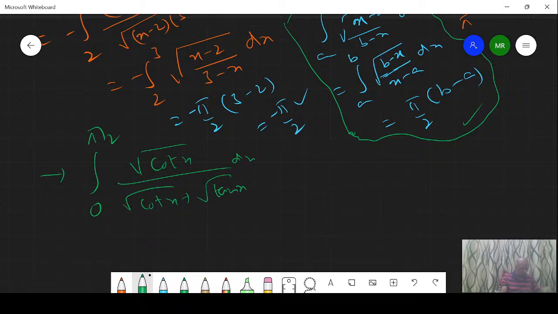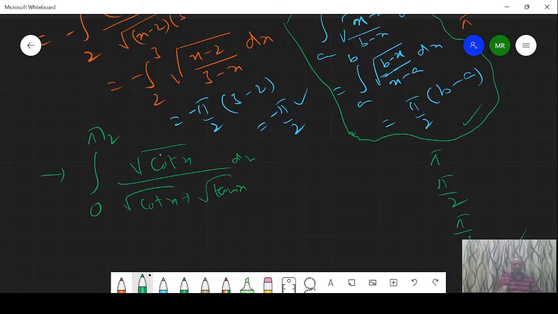So this concept is given pi by 2, pi by 3, pi by 4. These are standard problems. Integral 0 to pi by 2 of root cot x by root cot x plus root tan x dx. Always your answer is pi by 4.